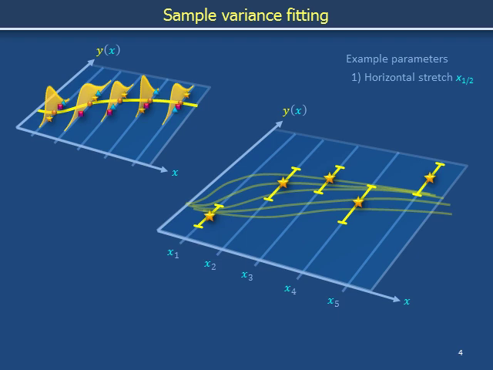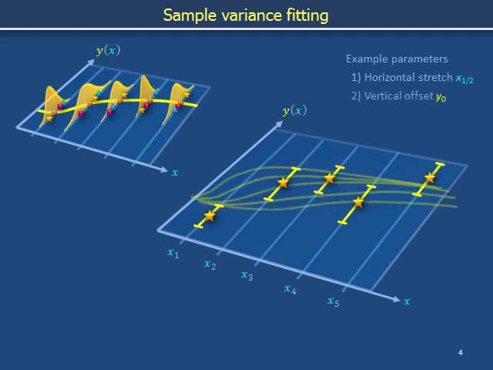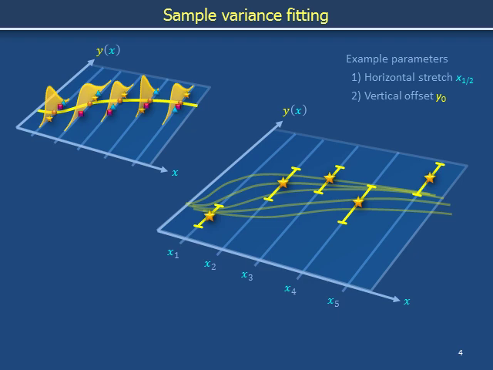Additionally, we do not know the minimum y value of the curve, which we call the vertical offset y0. Rather than having a single function drawn confidently as a single bold yellow curve, we have a collection of many possible plots, 5 examples of which are illustrated.